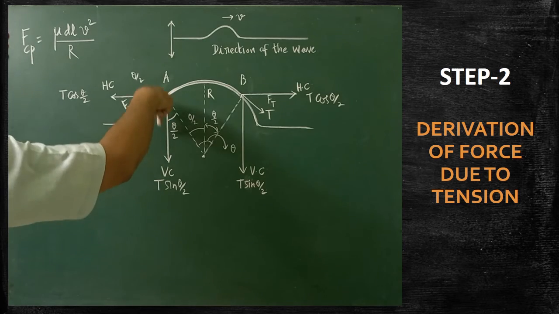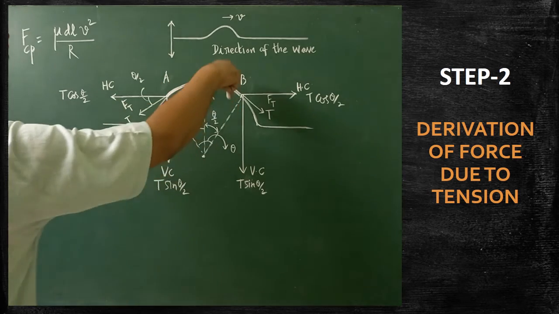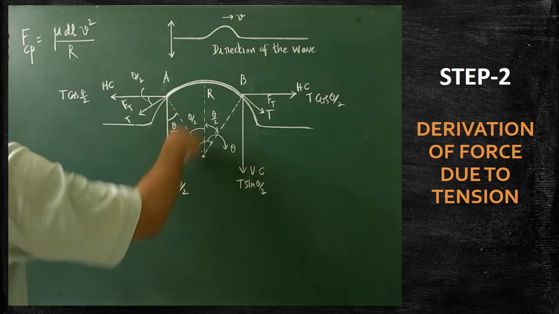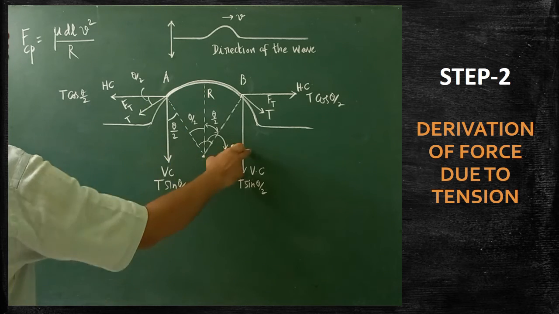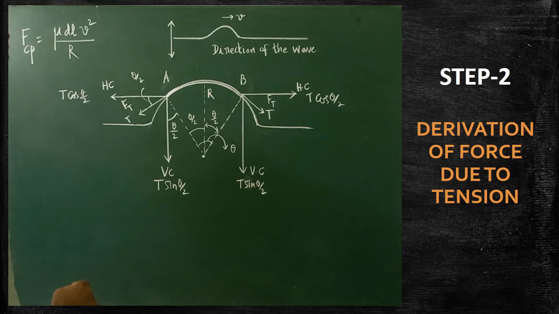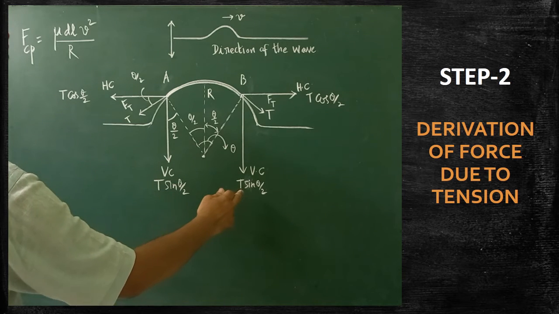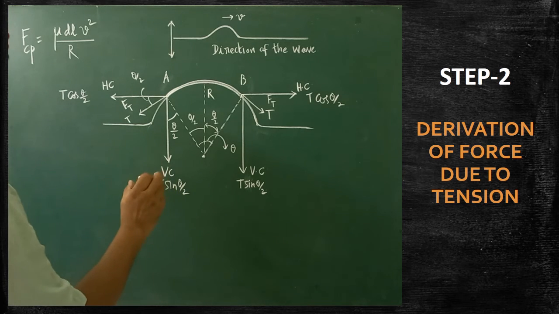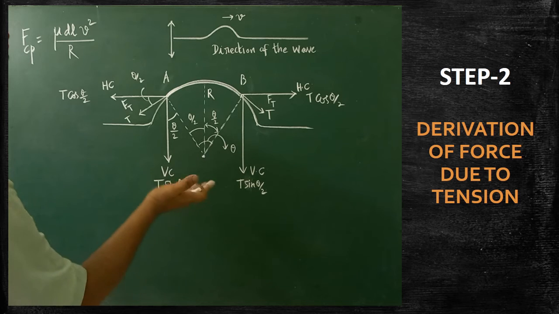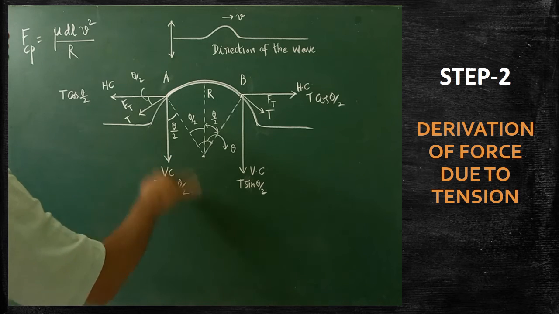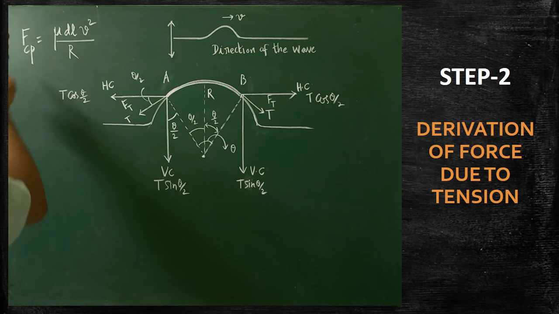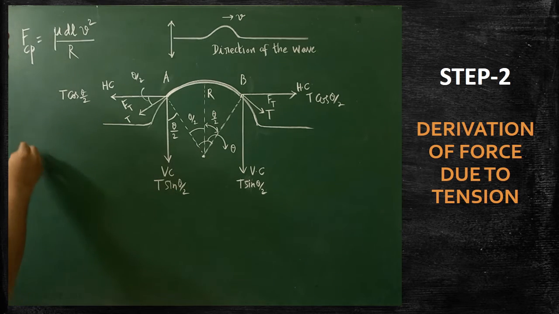Look at the direction of T sin theta by 2 and T sin theta by 2. Both are acting in the same direction. Both vectors must be added. When the two vectors are added, you will get the net sum value. First you calculate the force due to tension.